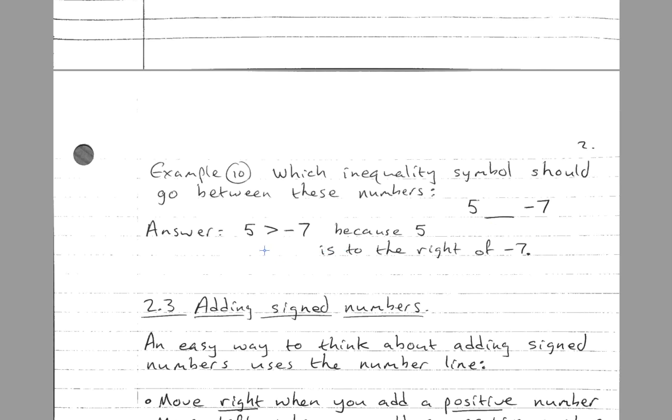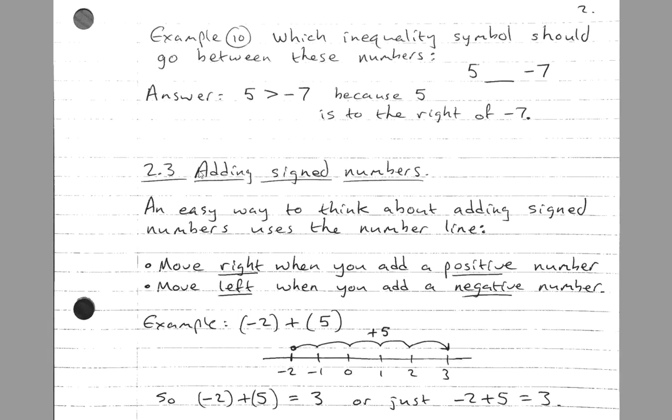Yeah, so 5 is to the right of negative 7, so you need one of these. So this is true. All right, so left and right on the number line. This is warming us up for this section.